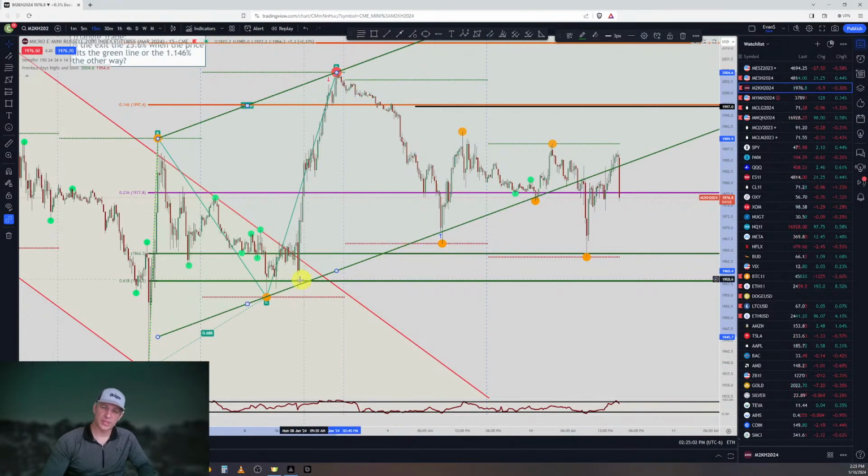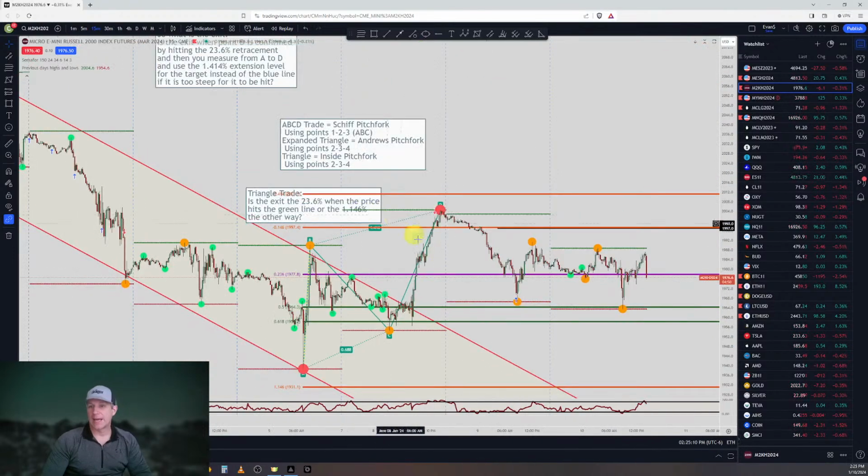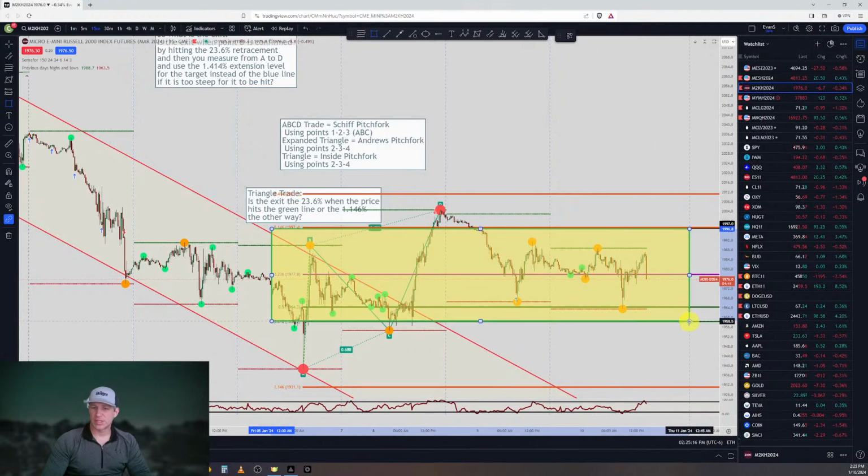Then it bounced off this trend line down here, and then it broke through, and now it's using it as resistance coming back down to it. So instead of being an uptrend, this is looking like a consolidation pattern right about here.